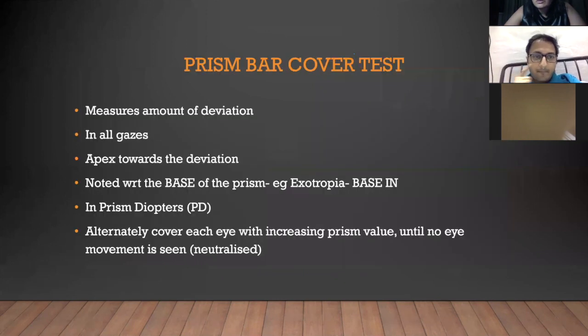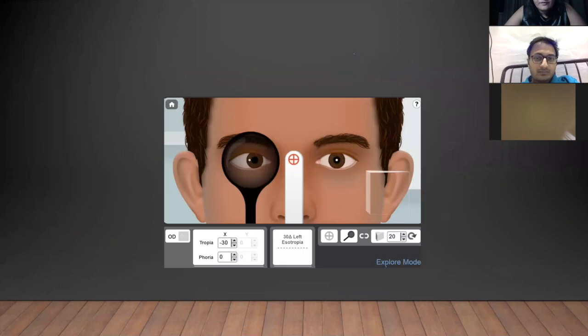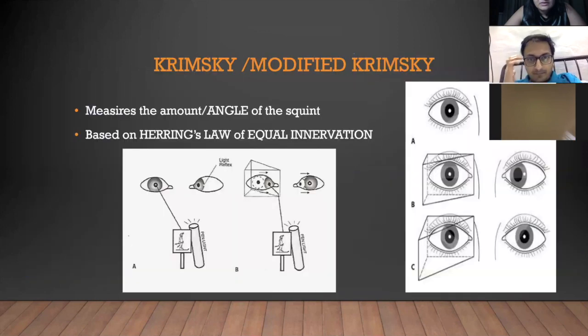There is no option. We had an image for Krimsky's here. It's based on Hering's law of equal innervation. So it's because of Hering's law that one eye takes up fixation, so the other eye also has to move. That's why it gets centralized. Is that clear?